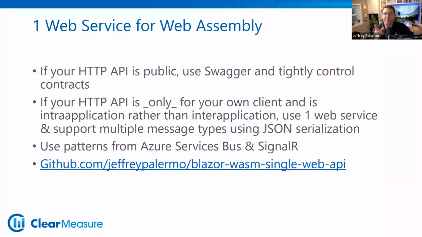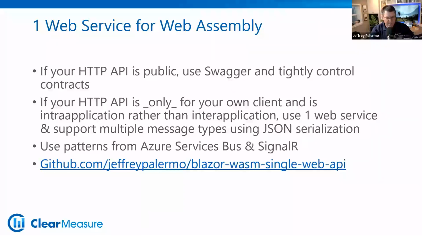But I've included a URL to a GitHub repository right here. And actually, the Programming with Palermo video episode that I highlighted at the beginning, which I'll show you again at the end, is a full walkthrough of the code for Blazor WebAssembly with a single web API. Here's the problem statement.